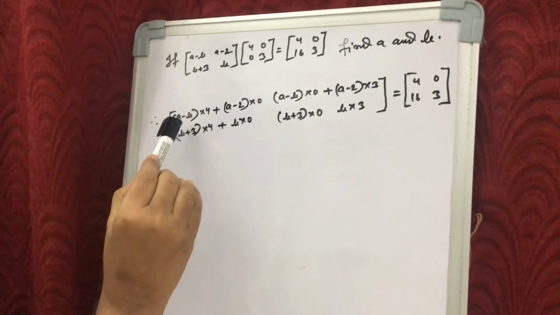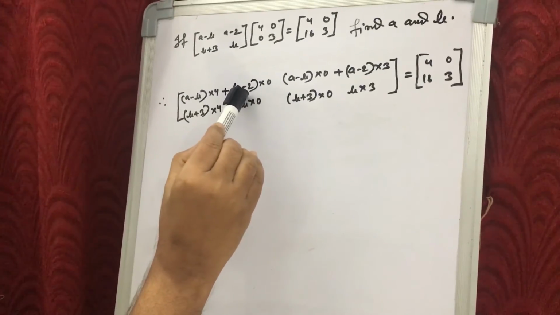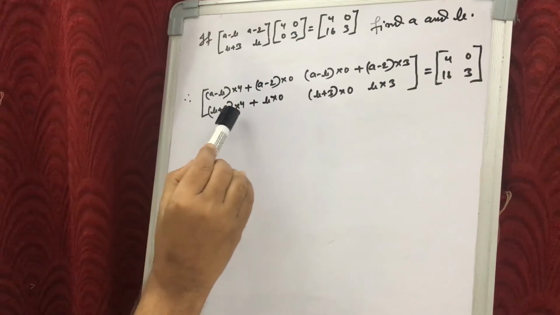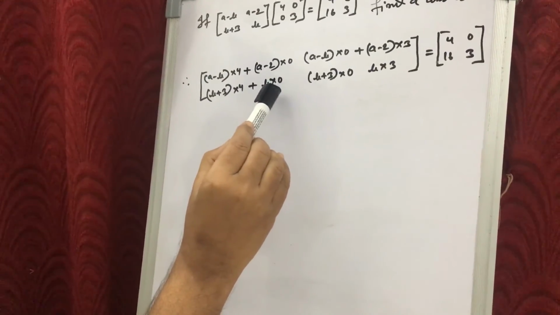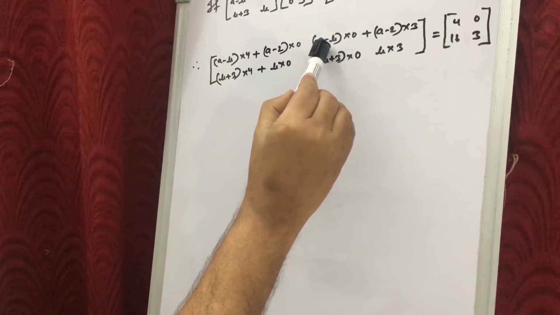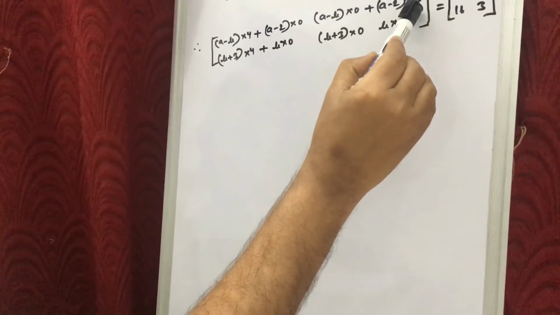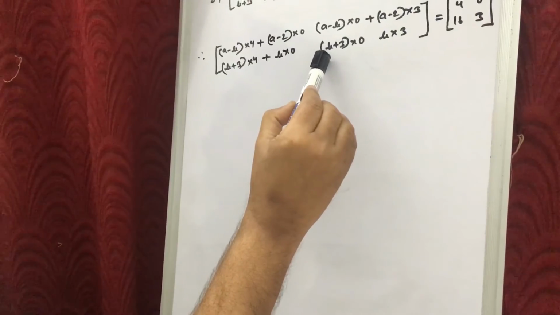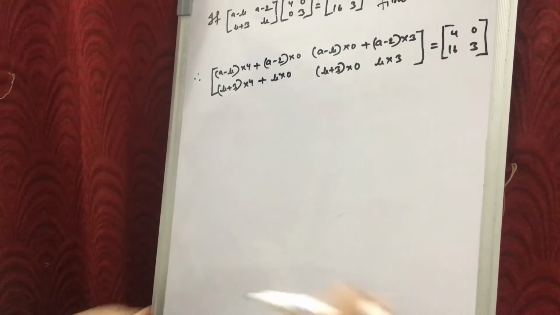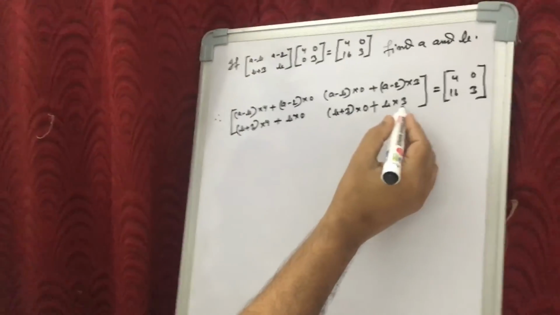So it will be: a minus b into 4 plus a minus 2 into 0, b plus 3 into 4 plus b into 0. Then a minus b into 0 plus a minus 2 into 3, b plus 3 into 0 plus b into 3.